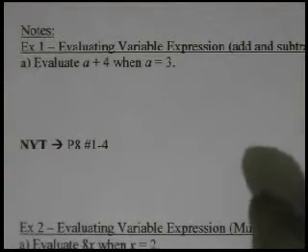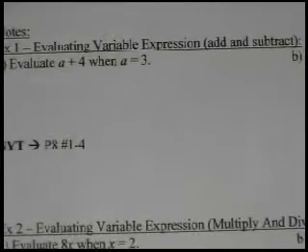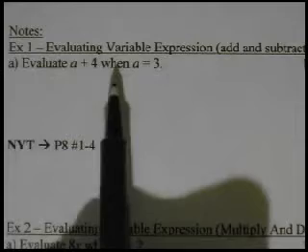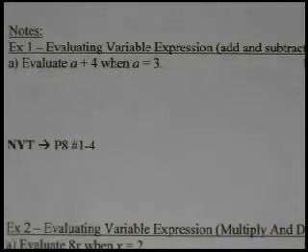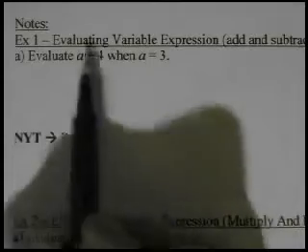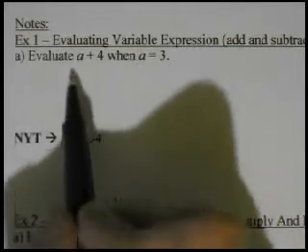So starting off with example 1. We want to evaluate variable expressions using addition and subtraction. So, evaluate a plus 4 when a equals 3. Evaluate means, if you remember, substitute values for the variable. Since a equals 3, we're going to start by putting a 3 in for a.